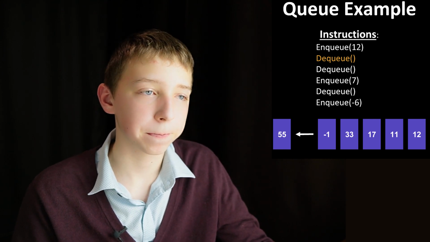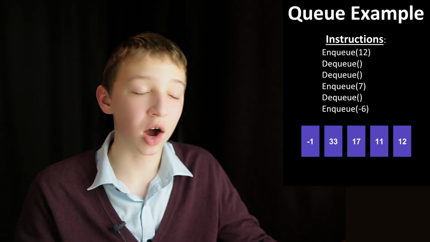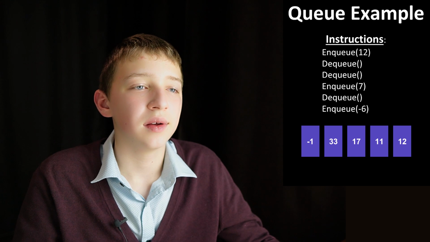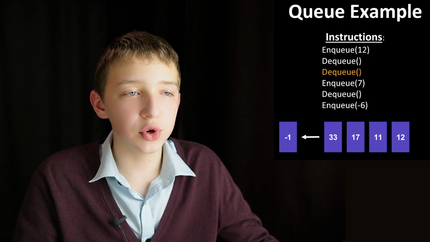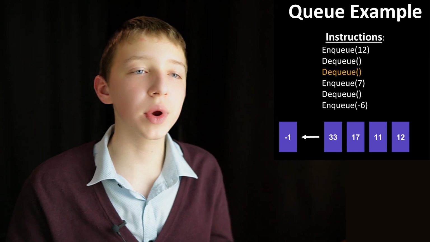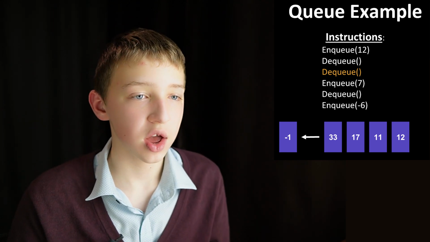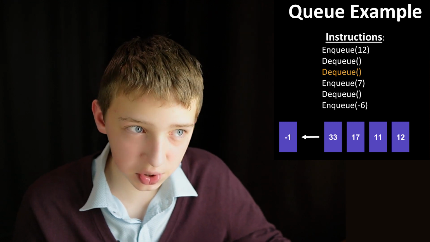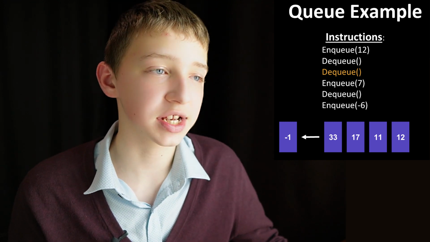Now we are polling it. Dequeue again. This time we remove -1 from the queue. We're removing the front element, and that is -1 this time.